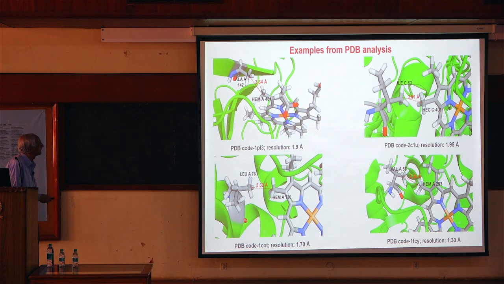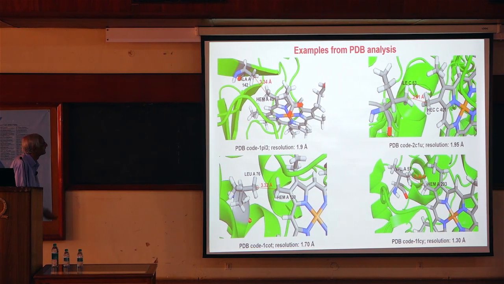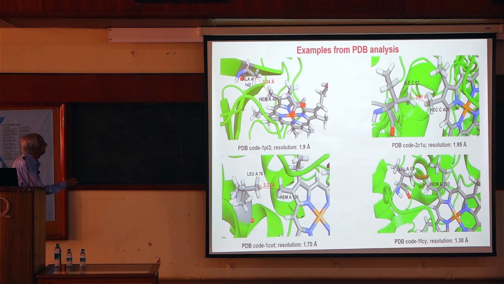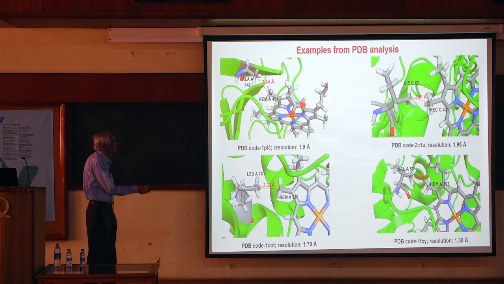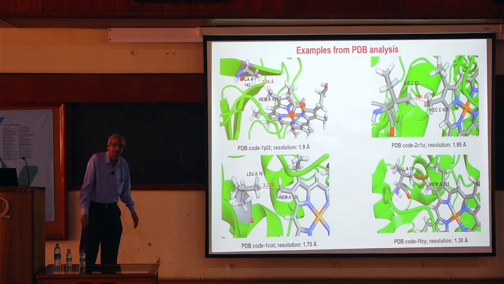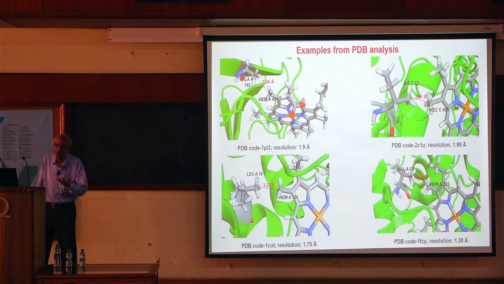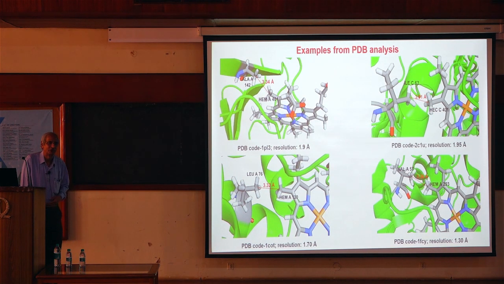I gave you 4 examples here, which are high resolution data sets. You see that there is a 3.01, 3.32. Of course, these are not very accurate, but accurate to these resolution limits, and I think they are significant. So from the proteins also we have the existence of these short carbon to carbon distances.